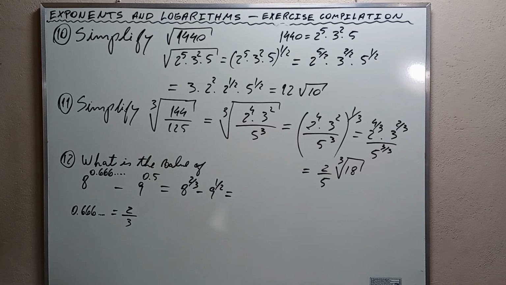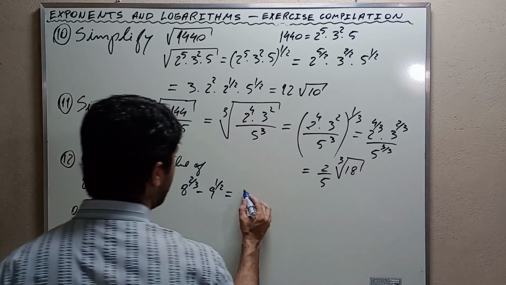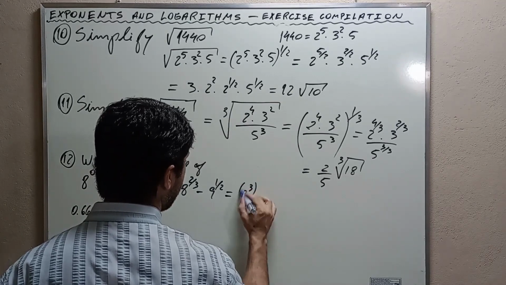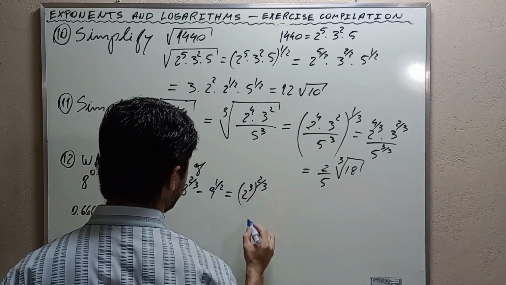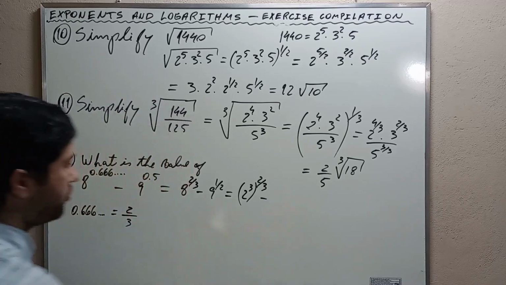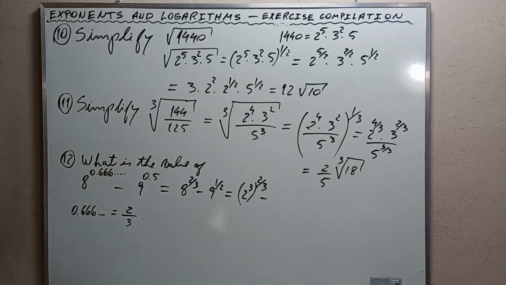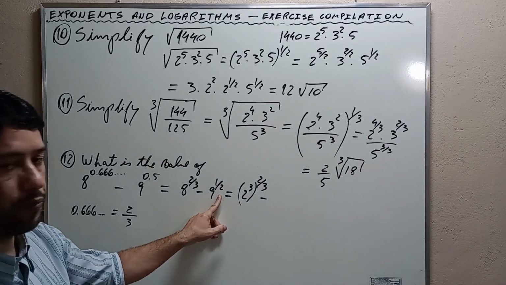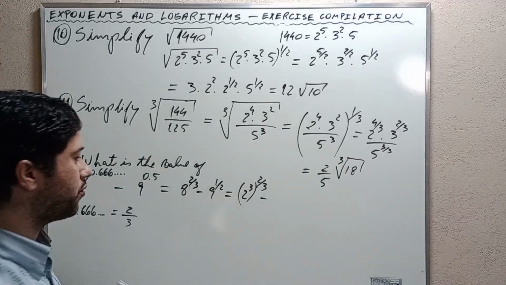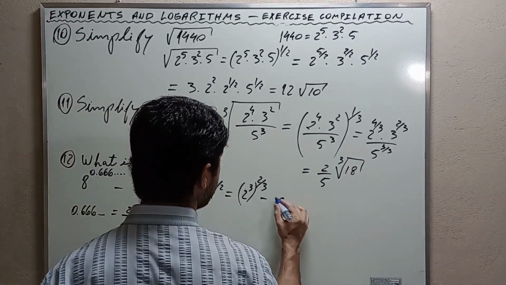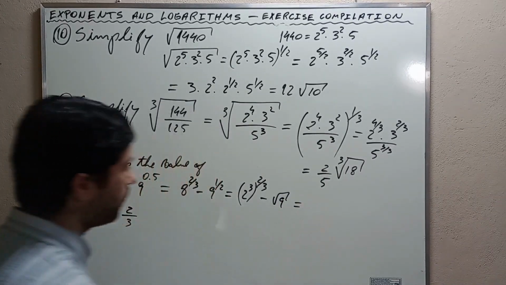Observe that 8 is 2 cubed, okay, so it is 2 cubed to the 2/3 minus, observe that 9 raised to the power of a half is the square root of 9. Okay?